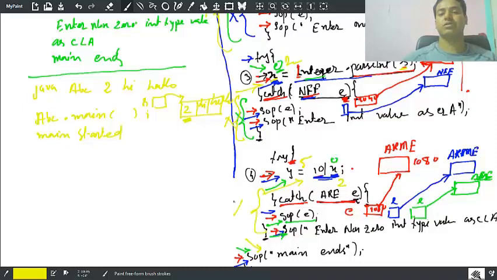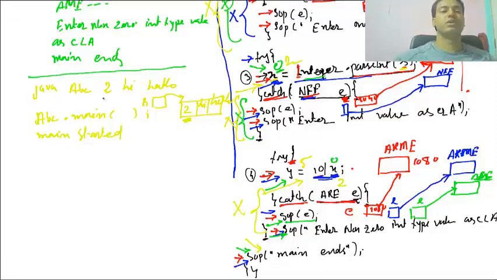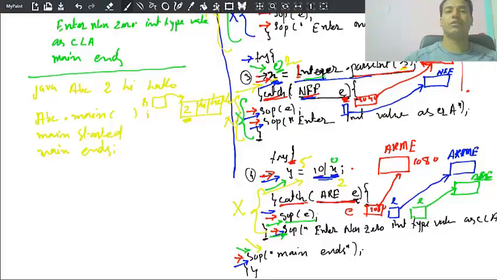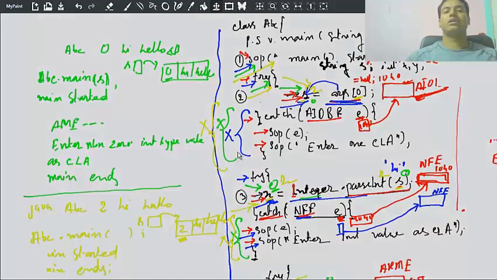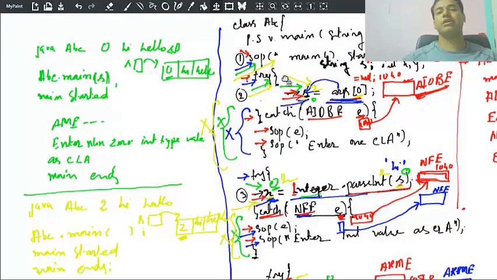So this catch is also not going to execute, right? So here it gives main ends. This is the execution flow of this program, and importantly you have to notice what value you are giving, and how the try and catch block is behaving in this.